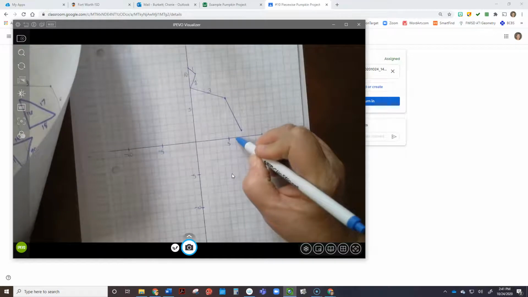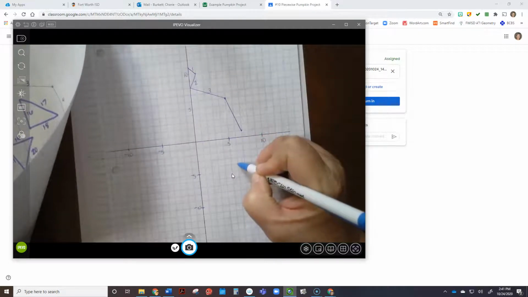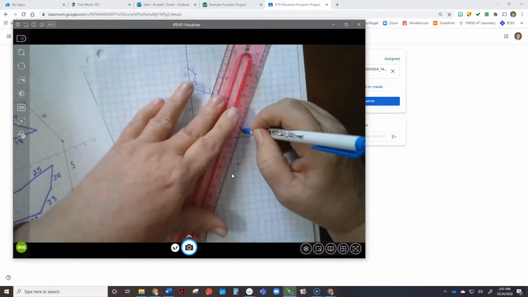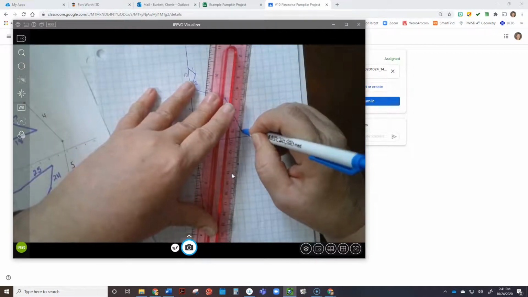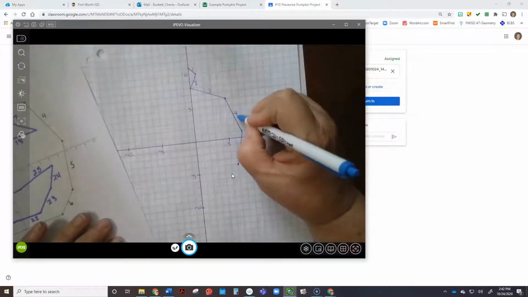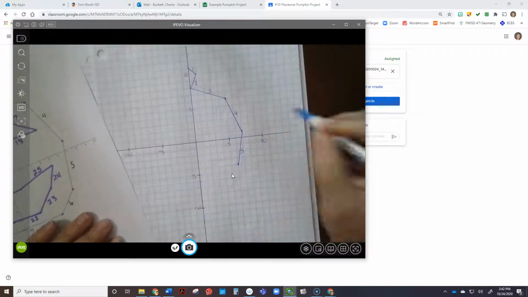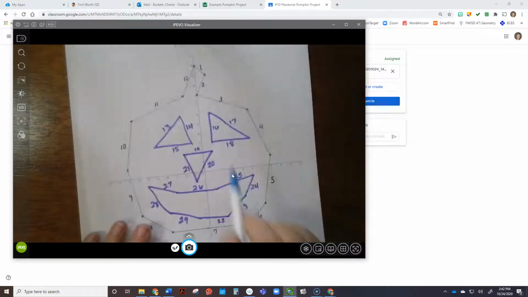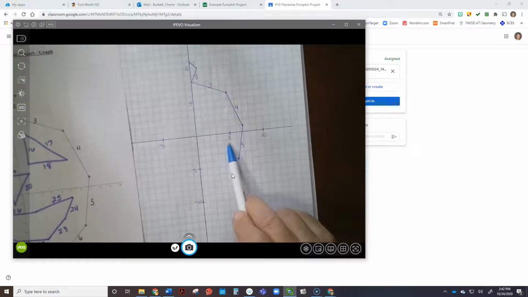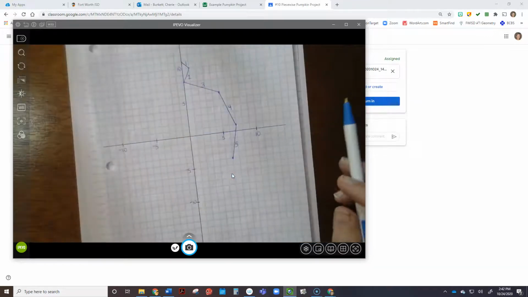So I would need you to graph it at 6, -4, and then connect those points. So you would need to do the entire outline and then be sure to add your face, but don't forget to number the lines. Just notice I numbered the lines on my face. You've got to number these lines here and number the lines on your face, okay?